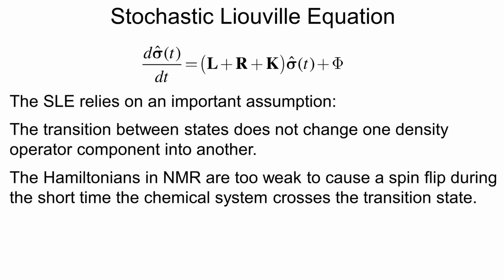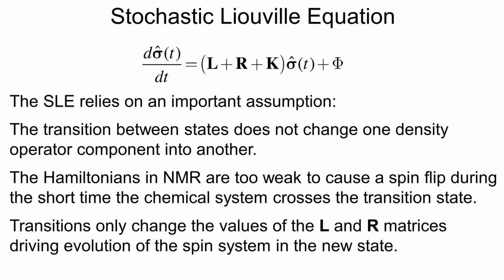That's a result of the assumption that the Hamiltonians that we're working with, at least in solution NMR of diamagnetic systems, are too weak to cause a flip of the spins during the actual transition. When we talk about a slow process, a slow kinetic process, what we mean is that the waiting time is long. A molecule in state A is just jostling around in the state A energy basin, and then stochastically has enough energy to jump the barrier.